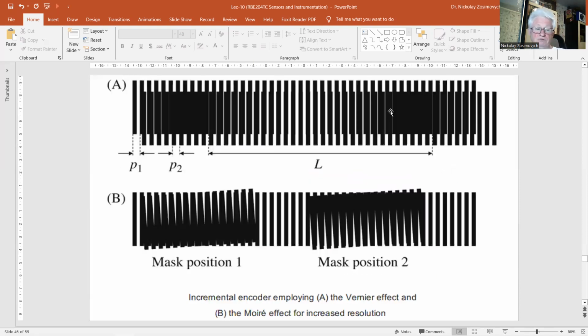A particular solution is proposed in one publication. Here, the small displacement is measured by an incremental encoder using the Moiré effect, according to figure B. One grating is fixed to the housing. The other grating, making a small angle with respect to the first, is connected to the seismic mass.